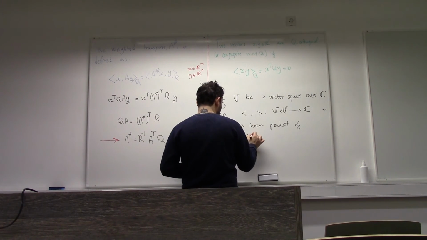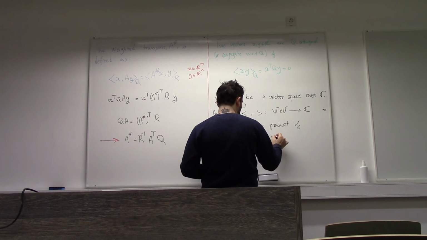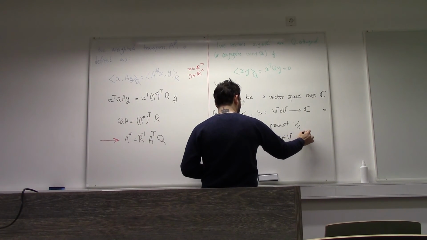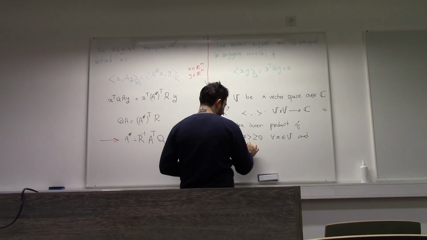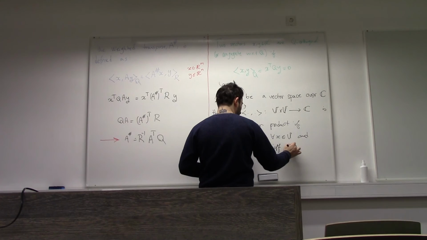The inner product of X and X is greater than or equal to 0 for all X belonging to vector space V, and the inner product of X and X is equal to 0 if and only if X is 0.